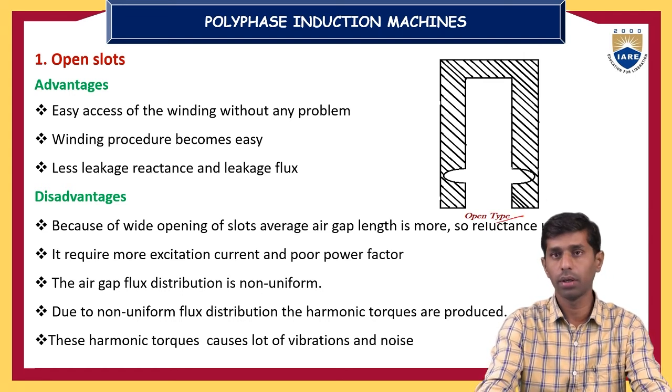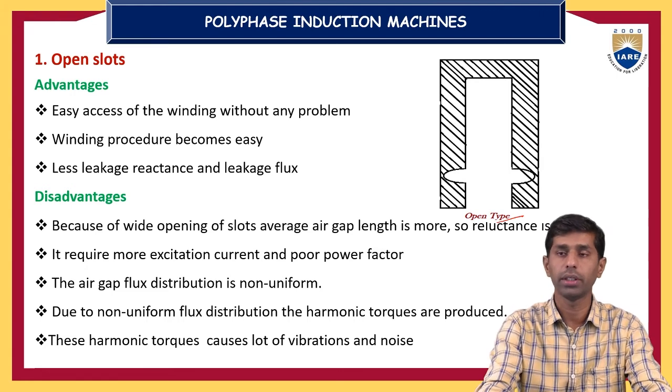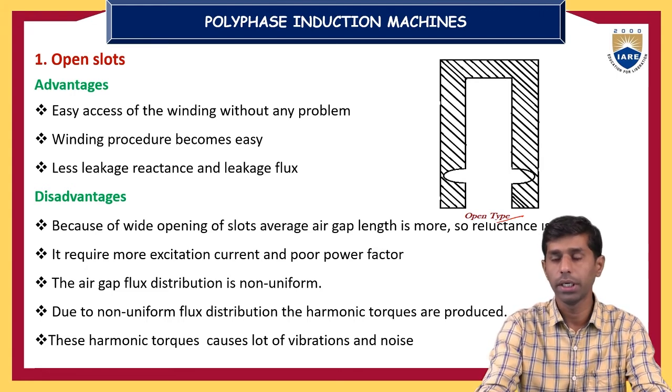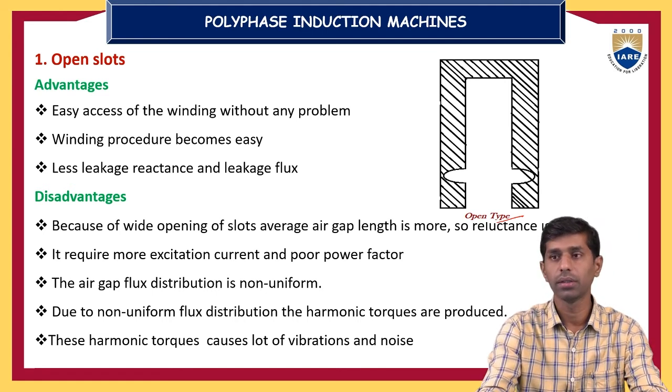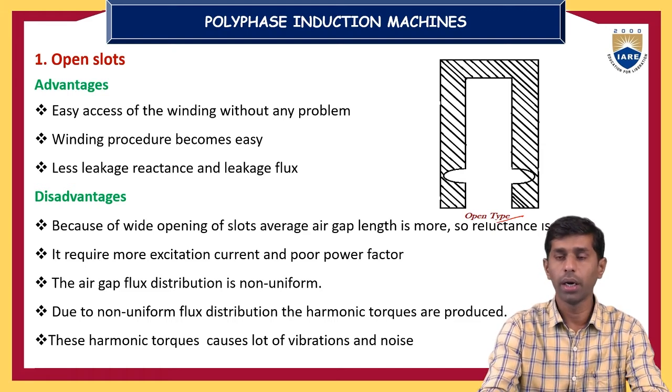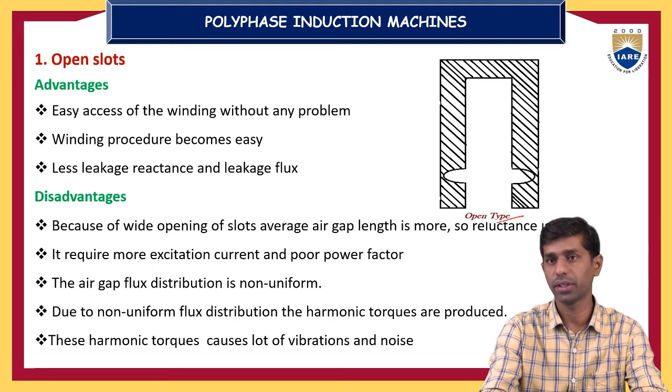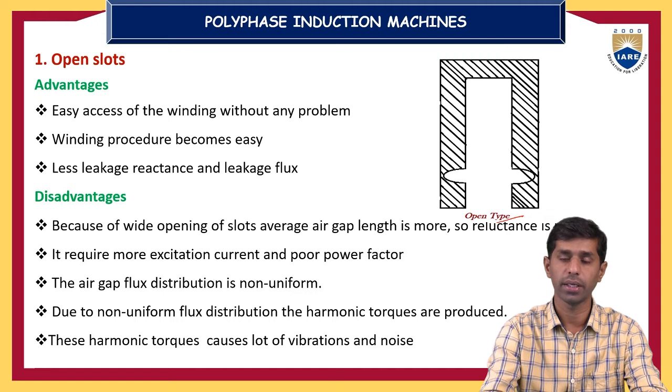It has quite decent advantages: it is easy to access the winding without any problem, and we can also easily access the former windings in the slots if it is a double layer winding or a multi-layer winding. And it produces very little leakage reactance. Less leakage flux means the inductive reactance of the winding also reduces.